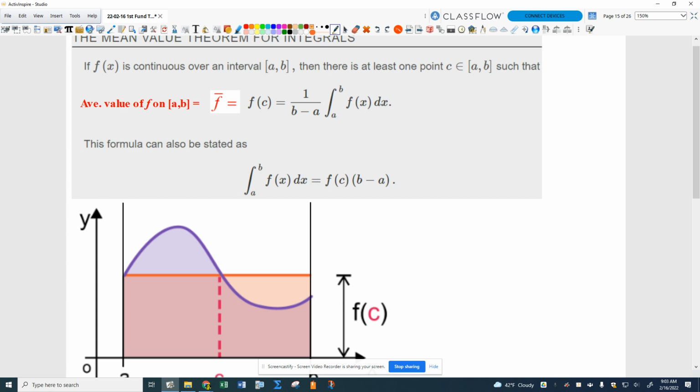So this should be one point c on the open interval, so between the endpoints, such that the function has its average value, okay?